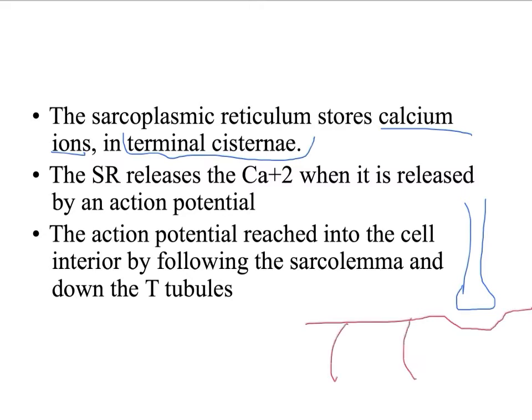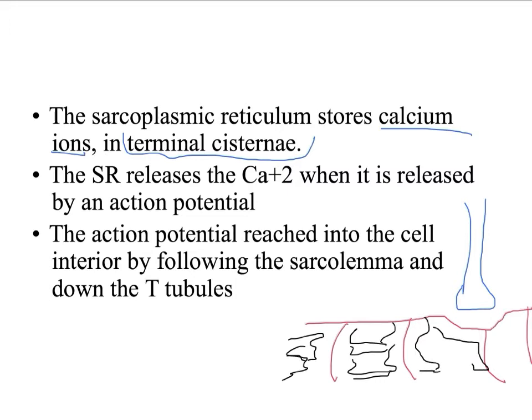There's your T-tubules. Let's draw some little terminal cisterna and endoplasmic sarcoplasmic reticulum. So the red is representing your sarcolemma. The black is representing your sarcoplasmic reticulum.